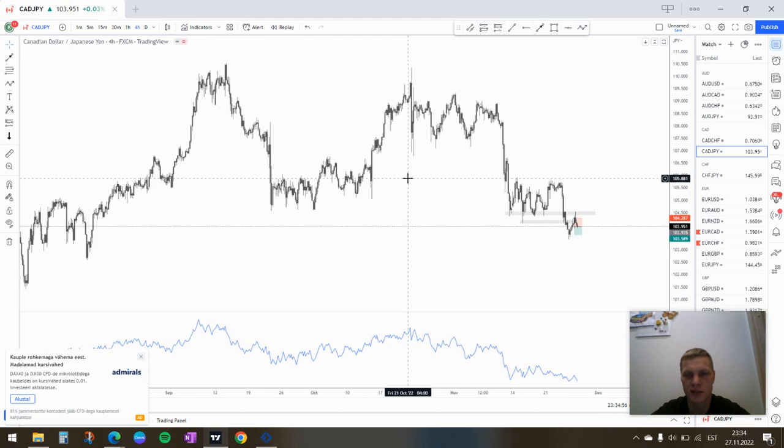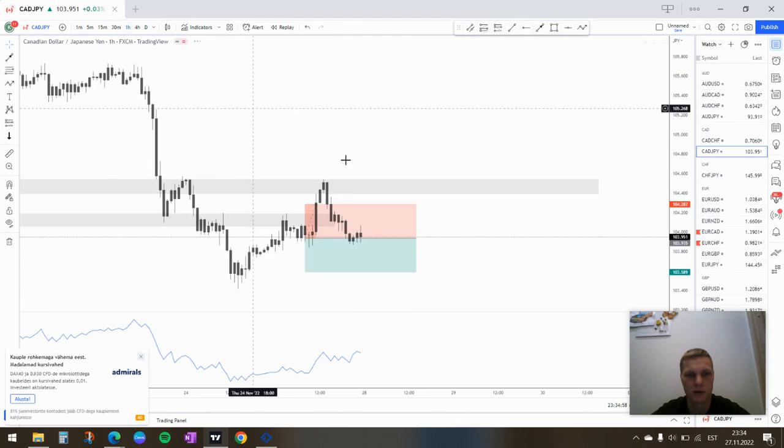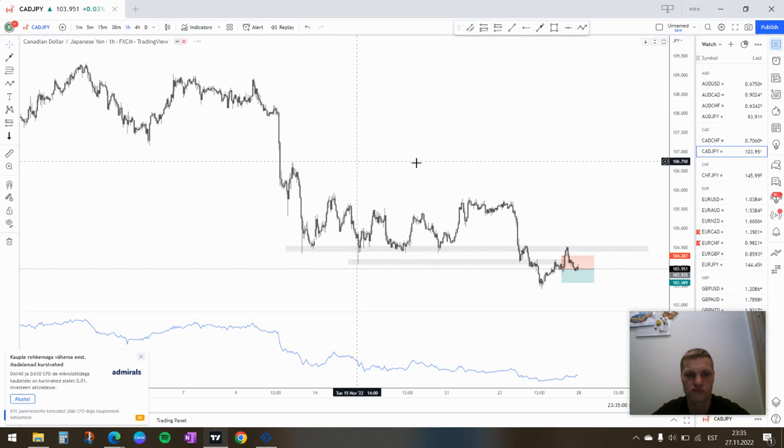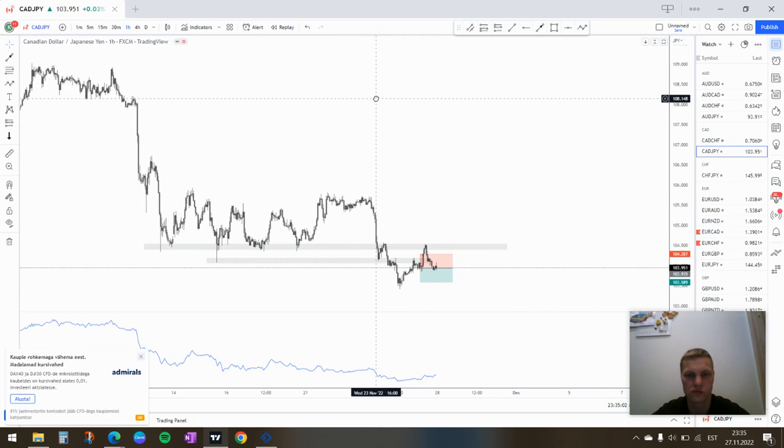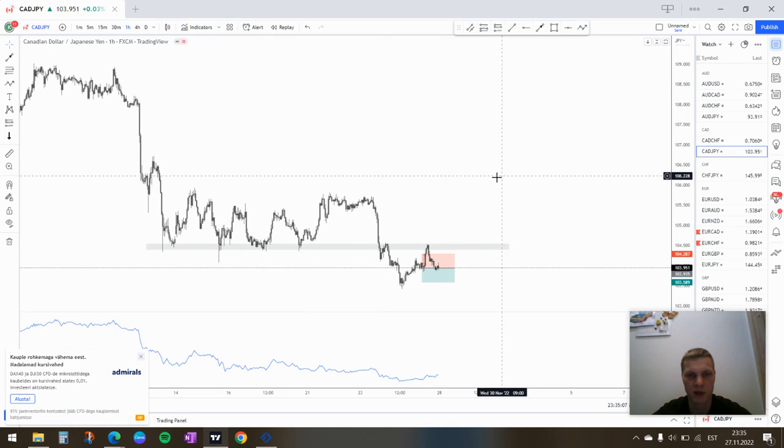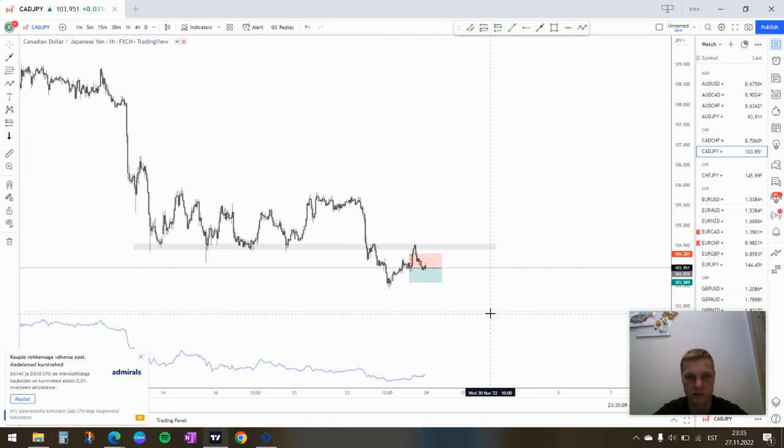Same thing on CAD JPY. If divergence there, I mean, why not? It's a clear break and retest.